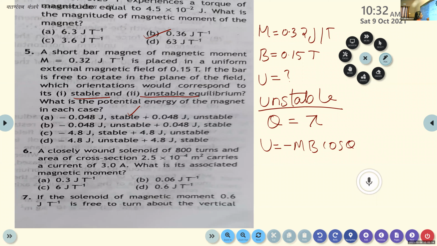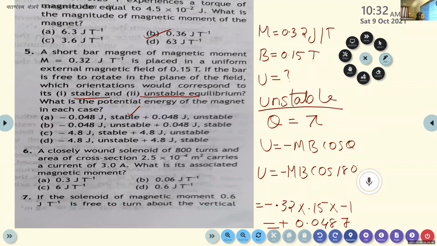That is, U is equal to minus mB cos 180. Cos 180 is equal to minus 1. So the equation becomes minus 0.32 into 0.15 into minus 1. The same answer with a positive value, that is plus 0.048 joule. This is for unstable state.